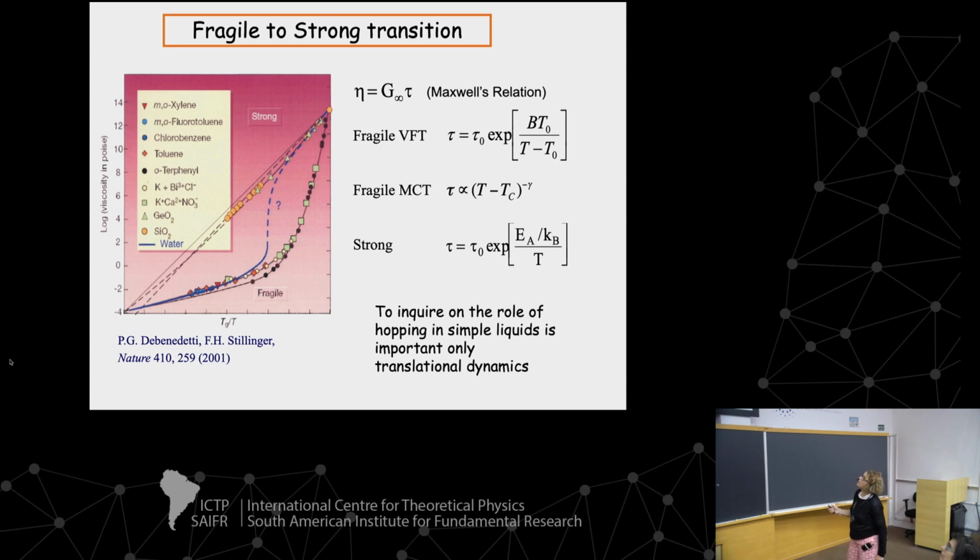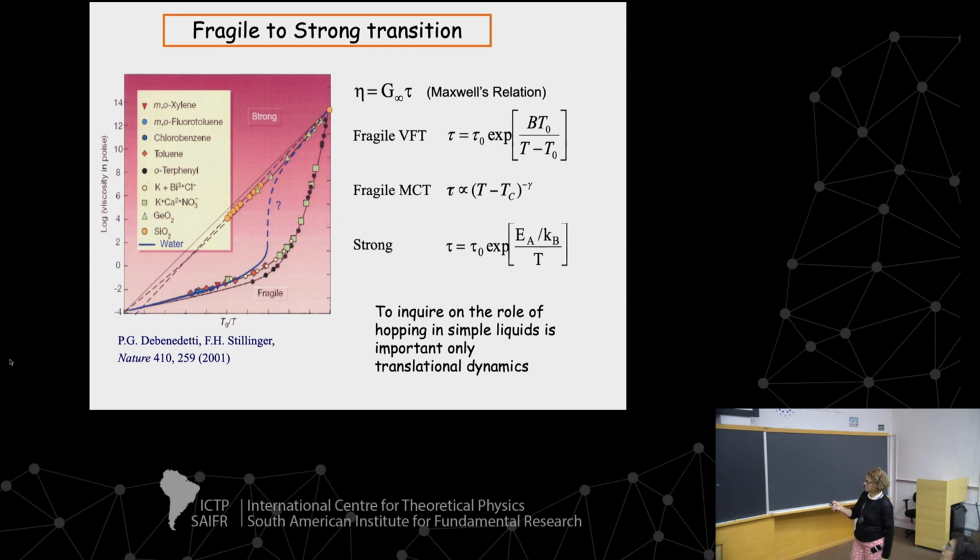But when you take the tau and you fit it, you can fit it to mode coupling theory or to the Vogel-Fulcher-Tammann expression, which is this one. This is a phenomenological expression that they still use, but it is phenomenological, and it dates back to when the alpha relaxation was first discovered, in the mid-past century.